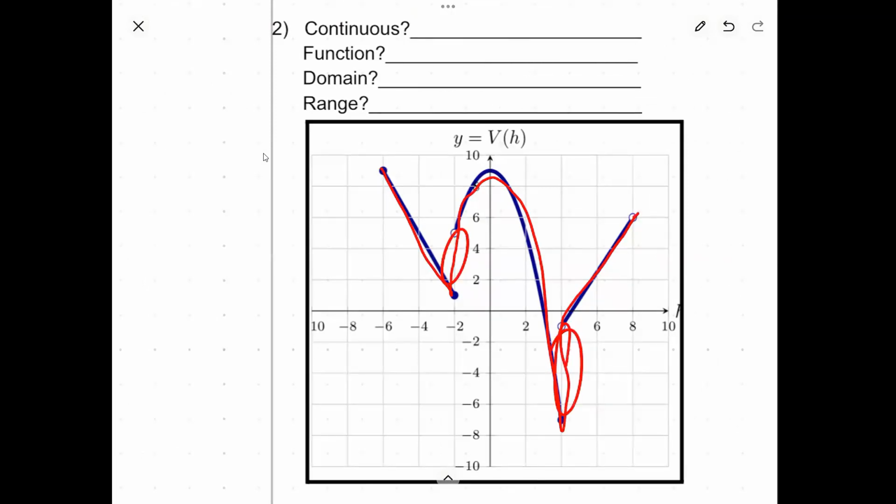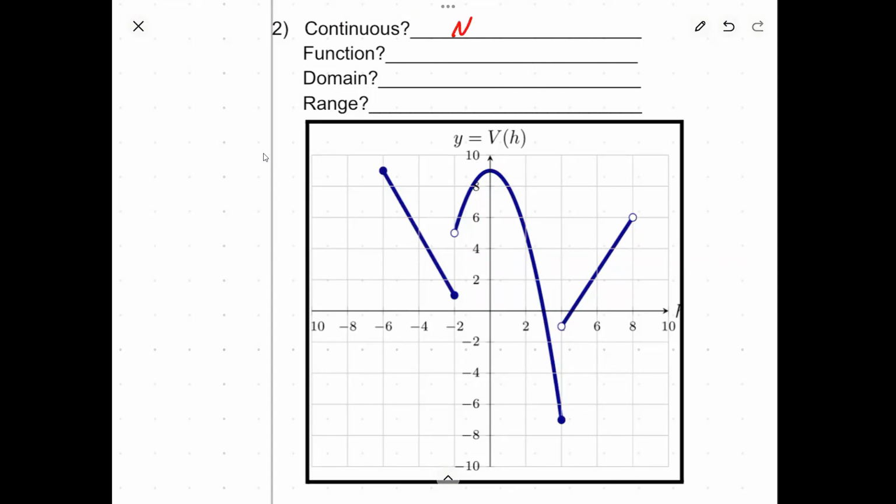I've added these pieces, and that's not what you're supposed to do. So if I wanted to trace, I would have to go here, and then I would have to pick up my pencil, and then I would have to jump up here and then start over here. And then I'd get here, and then I'd have to pick up my pencil again, and I would go here. So that is not continuous. That's what you should see here. So you would say this is not continuous.